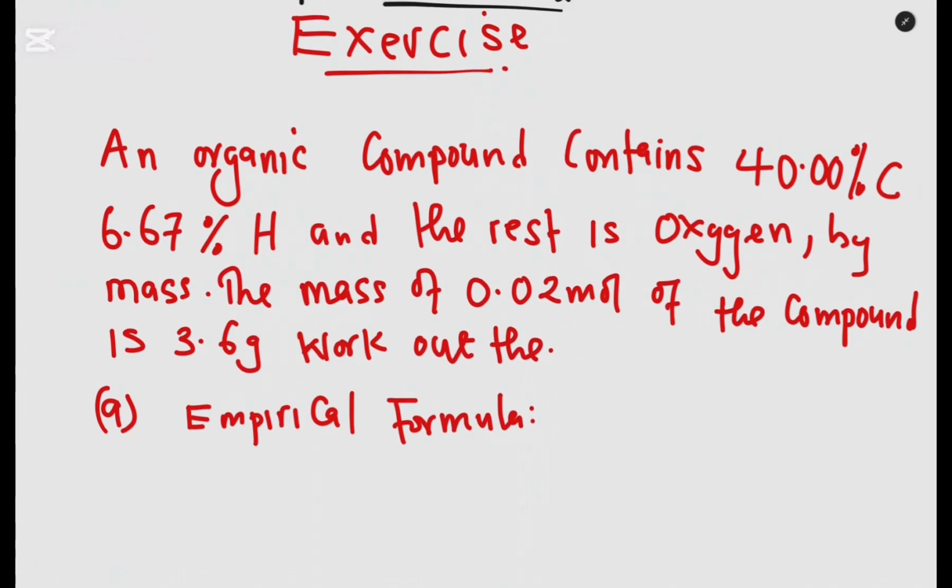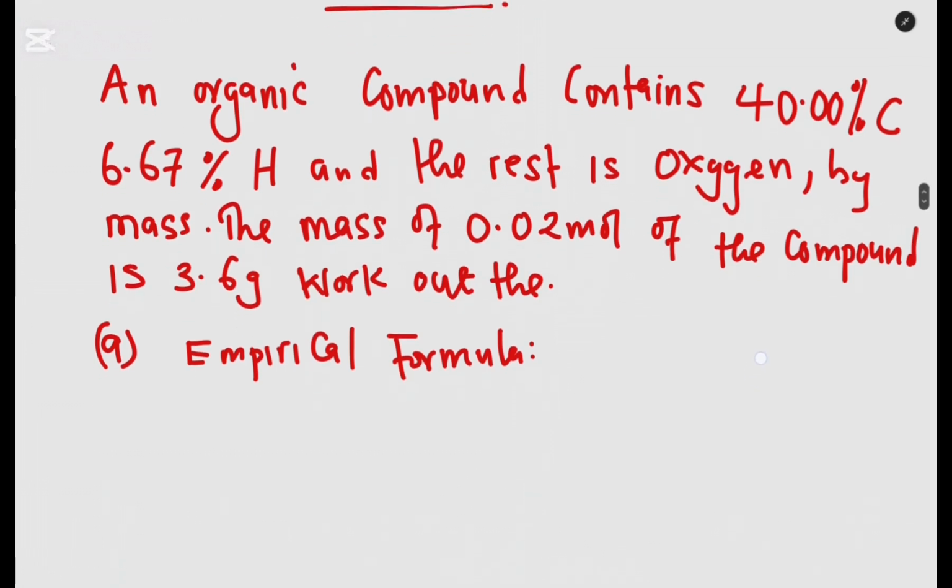An organic compound contains 40.00% of carbon, 6.67% hydrogen, and the rest is oxygen by mass. The mass of 0.02 mole of the compound is 3.6 gram. Work out the empirical formula.